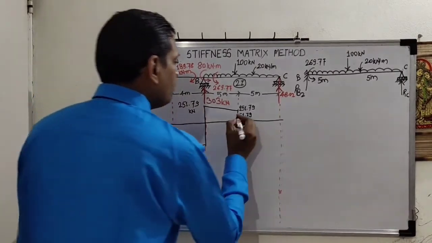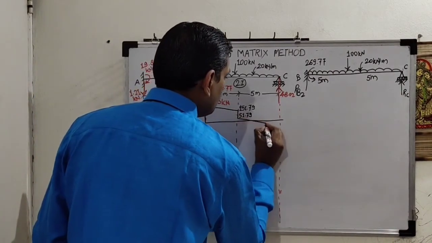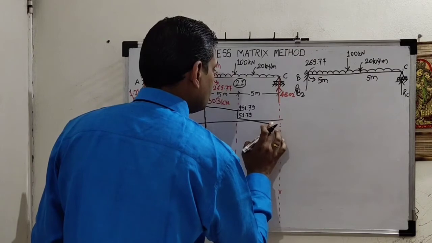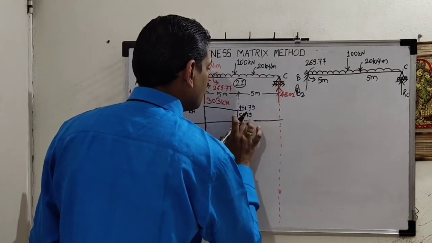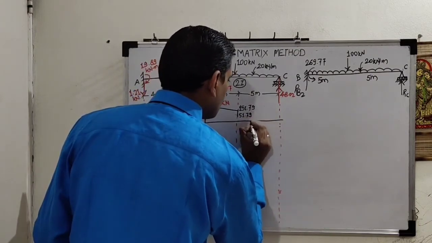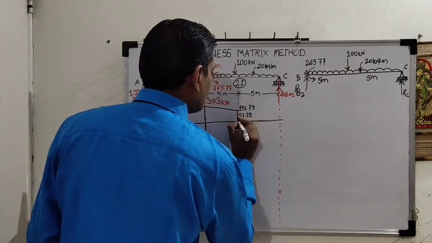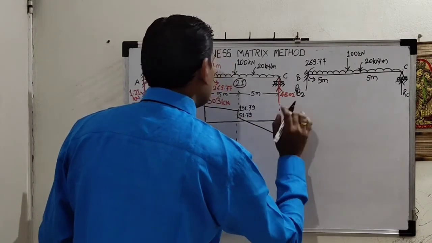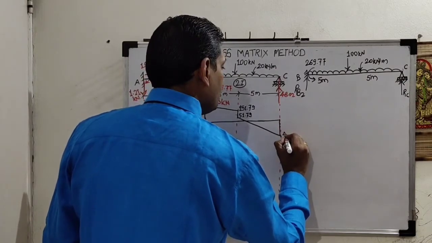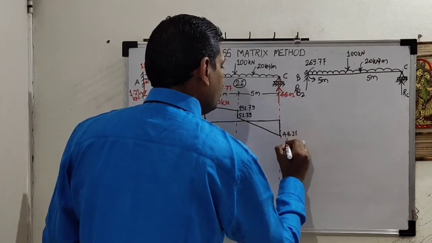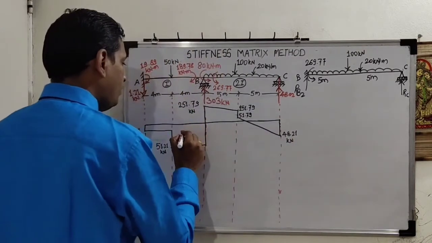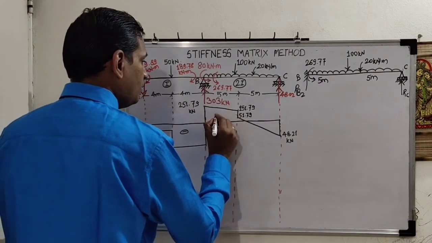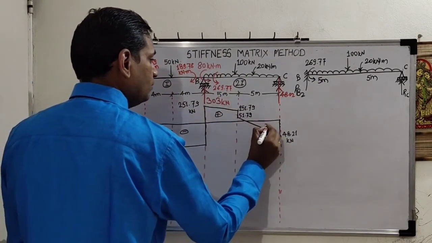So minus 48.21. Okay, so this is 48.21 kilonewton. So this will be approximately the shape of the shear force diagram.